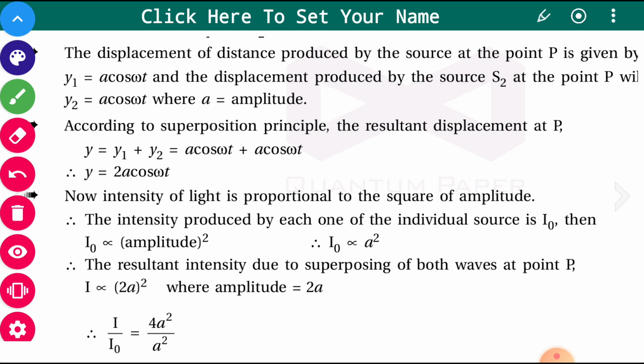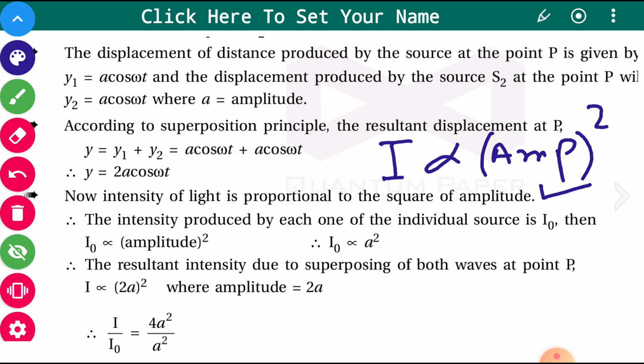Now, intensity of light is proportional to the square of amplitude. This we know, and it was also studied in 11th standard. Intensity is directly proportional to the square of amplitude. If the intensity produced by each individual source is I0, then I0 is proportional to the square of the amplitude, so I0 is proportional to a square.